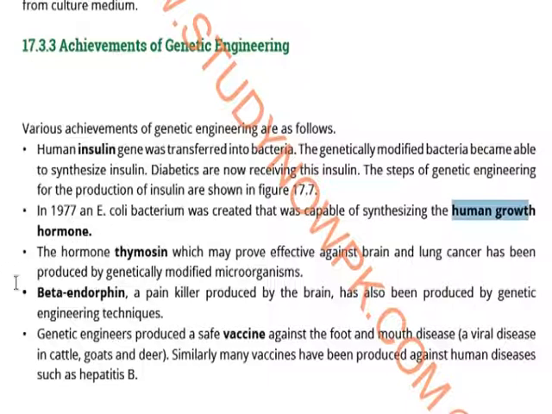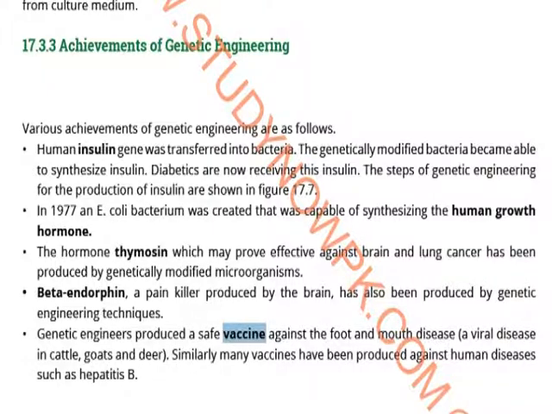genetic engineering techniques. The hormone thymosin is also proved effective against brain and lung cancer, and that is also produced with the help of genetic engineering. And beta endorphin is also produced with the help of genetic engineering. It is a painkiller, and genetic engineering also produces safe vaccine against the foot and mouth disease, which is a viral disease in goats and sheep and deer.